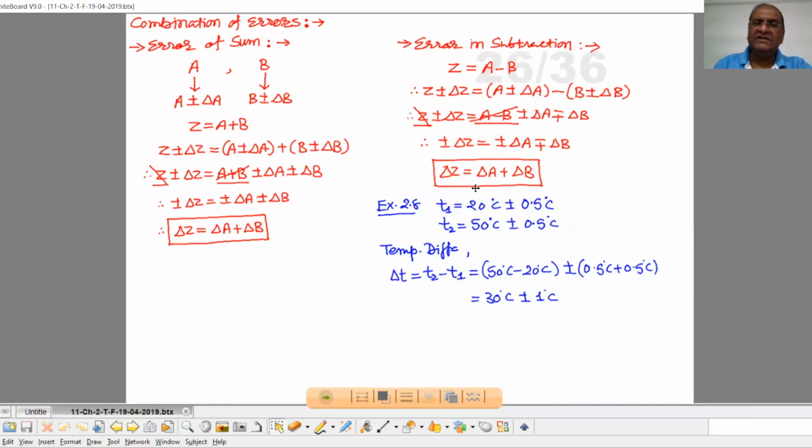Clear? So in this way, we can conclude the rule of the error in summation or subtraction.